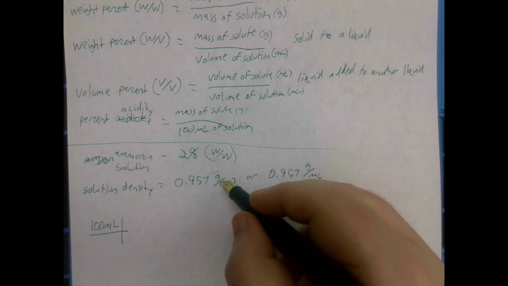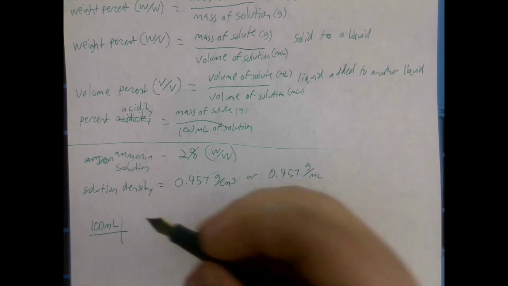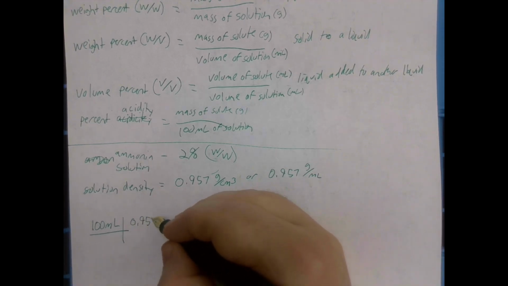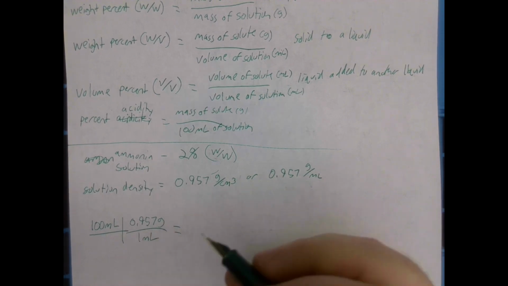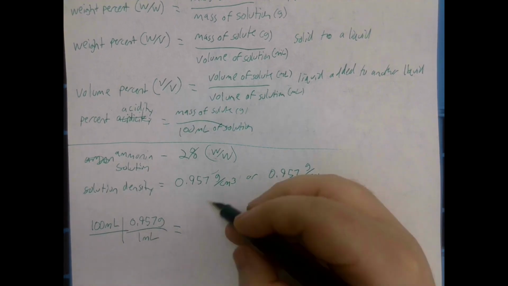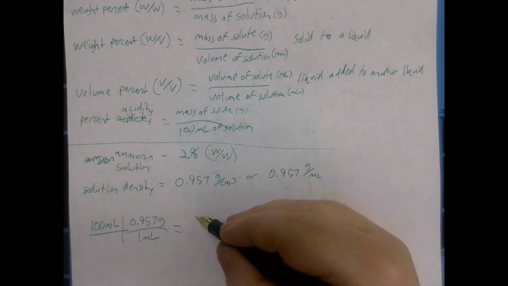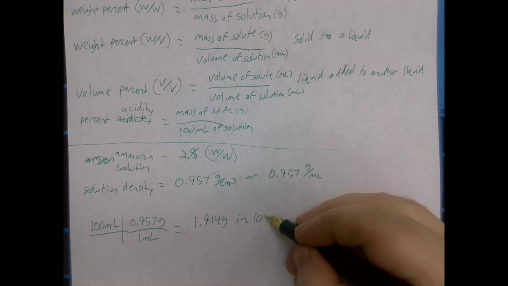Well, we have a ratio of grams to milliliters. We know that we have 0.957 grams per 1 milliliter.